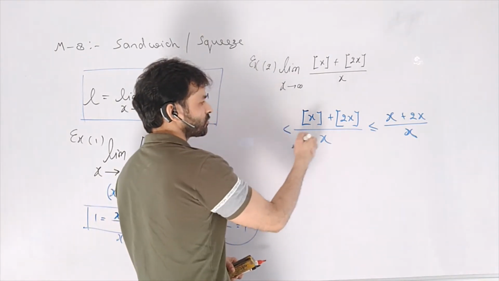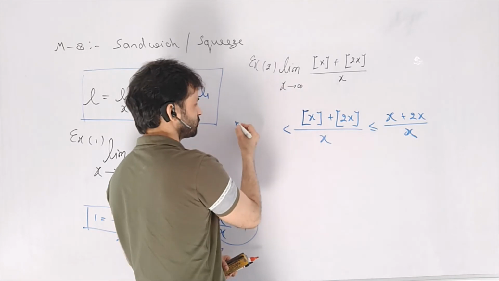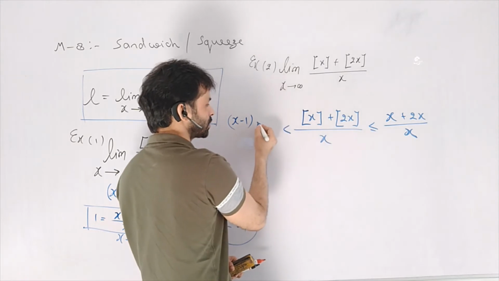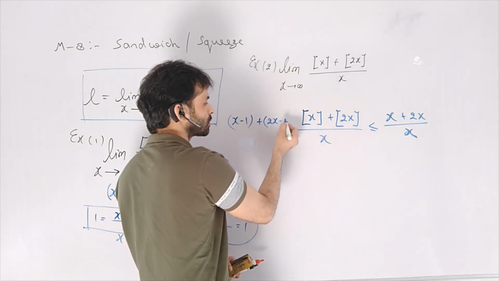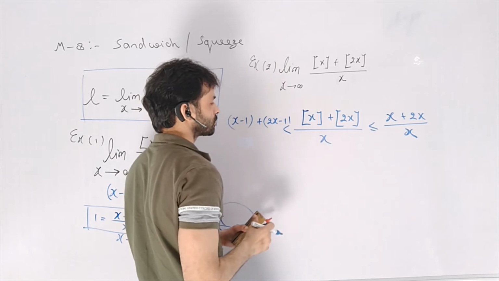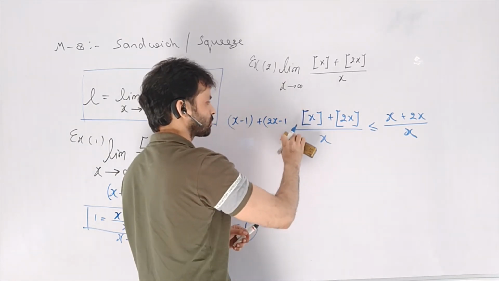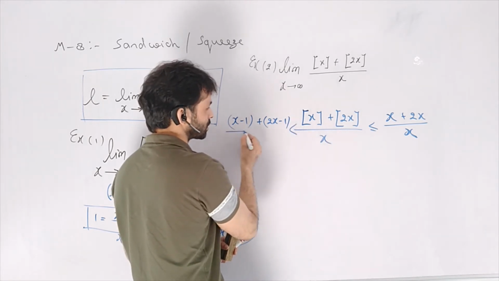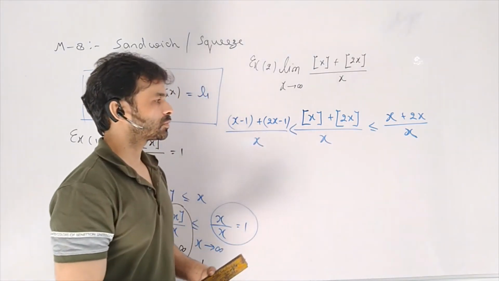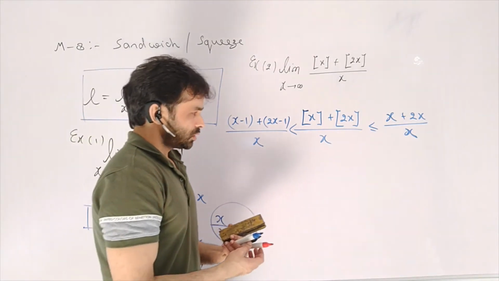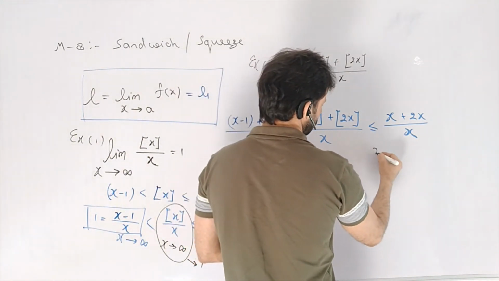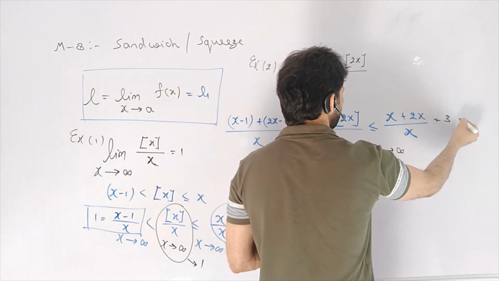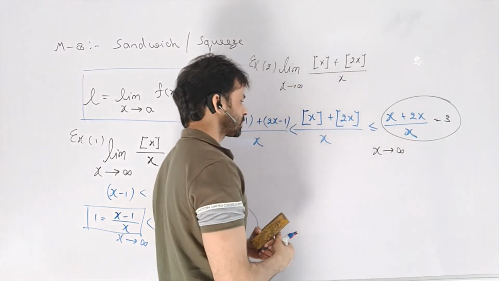Now we'll take one smaller function. If in place of this I write x minus 1, that will be smaller than this value, and in place of this, if I write 2x minus 1, then this function divided by x will be smaller. Now we'll check what is happening at infinity. This is 3x by x, so the limit is 3 at infinity.